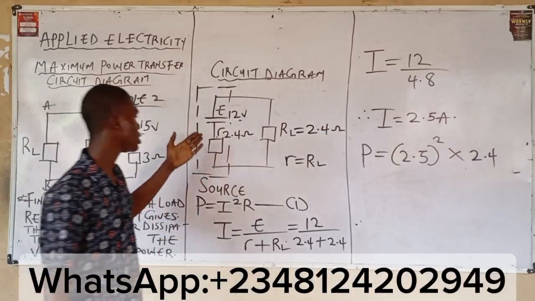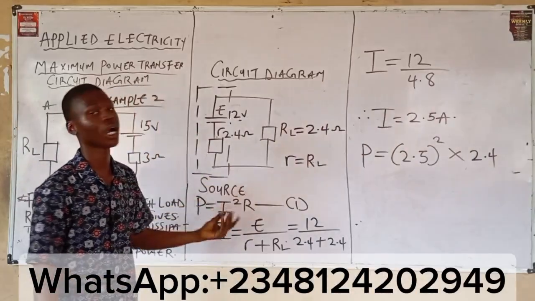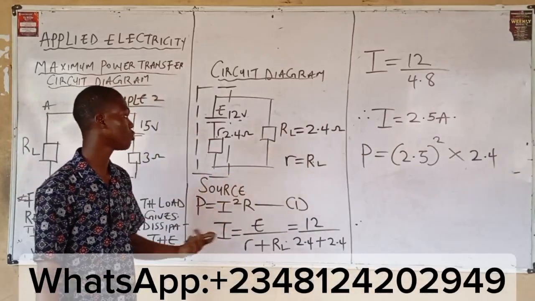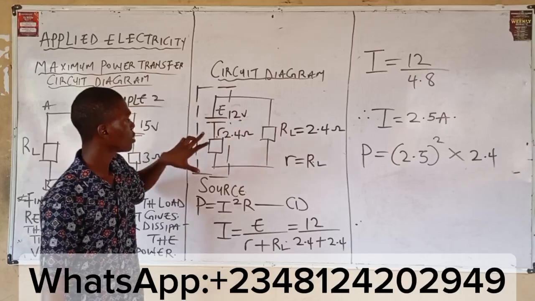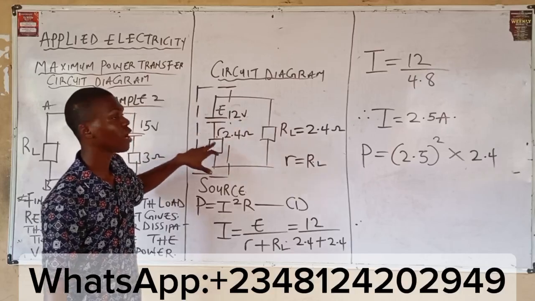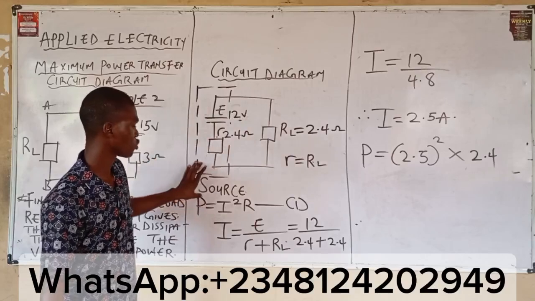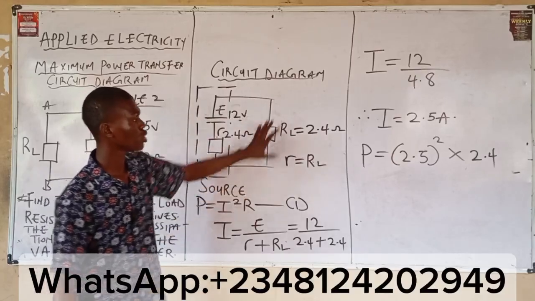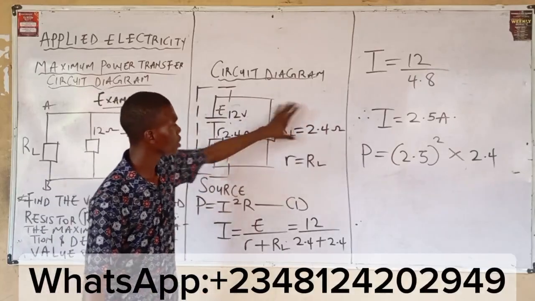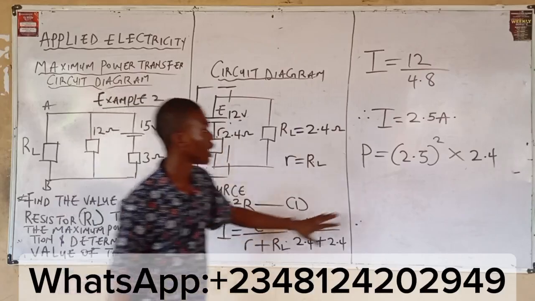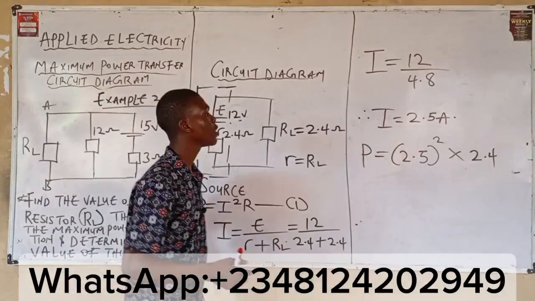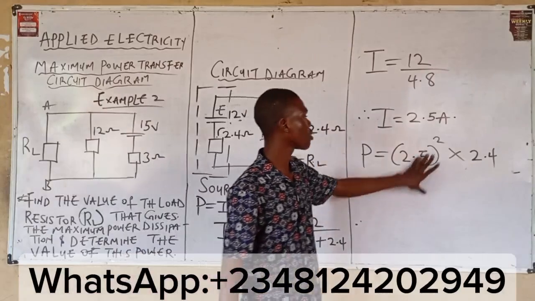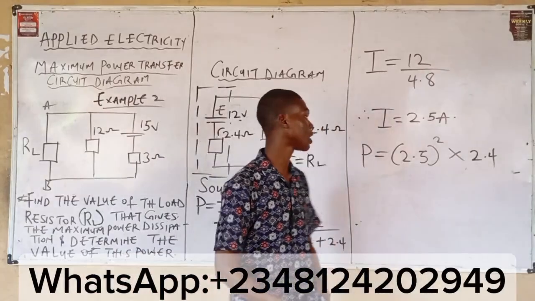Though you can go with this or this, since the values are always equal. The internal resistance of your source is always equal to the load resistor. So you can go with this or this, right? Meaning that I have 2.4. From here, I have 2.5 squared times 2.4, right?